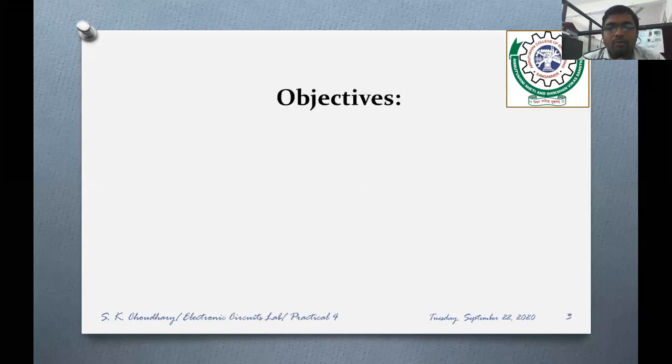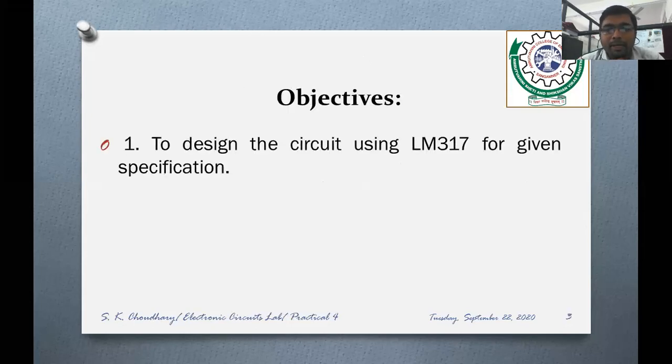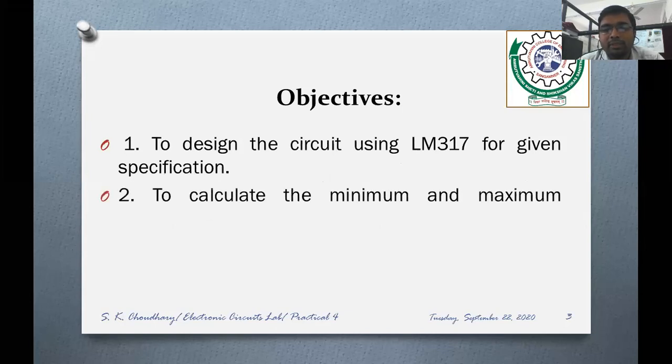The objective is first to design the circuit using the LM317 adjustable voltage regulator for the given specification, and second, to calculate the minimum and maximum regulated output voltage.